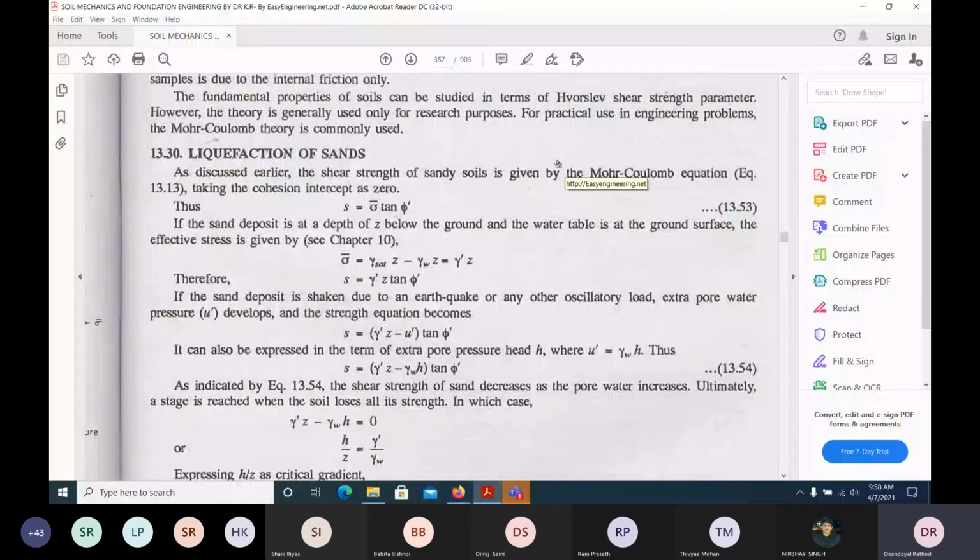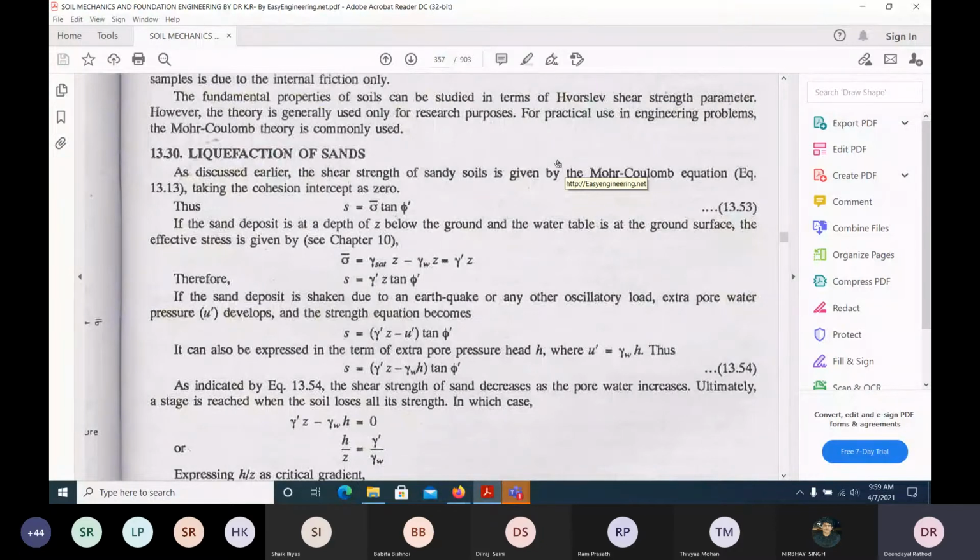Liquefaction takes place generally in loose, fine sand, which has a uniform void ratio and equal size of particles. There are many studies on liquefaction; people have even earned PhD degrees on it. Whenever an earthquake happens, if the ground below is loose sandy soil with a water table, the water table rises.